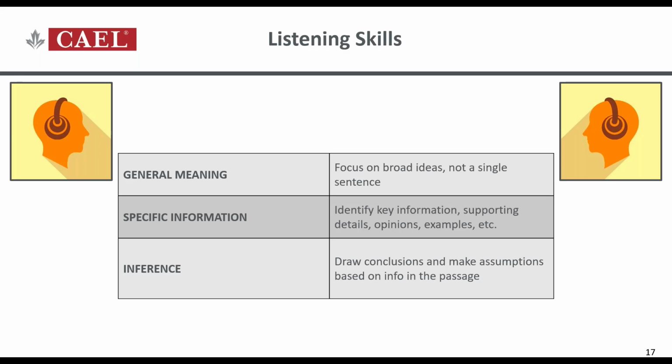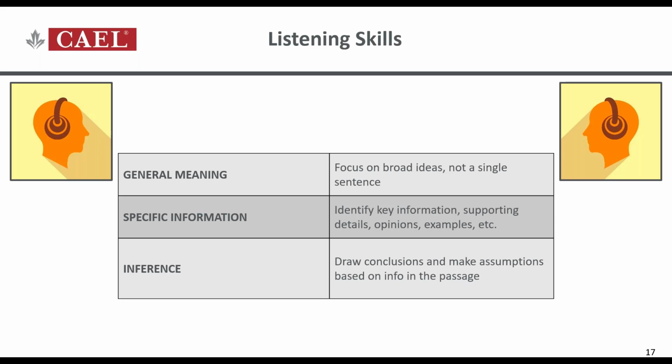General meaning is essentially, it means that the question focuses on broad ideas and not just a single sentence. So if a question is general meaning, that means that the answer to the question requires you to listen to a few different sentences to make sure that the answer is correct. It's not possible to answer these questions with just one phrase, just one sentence.